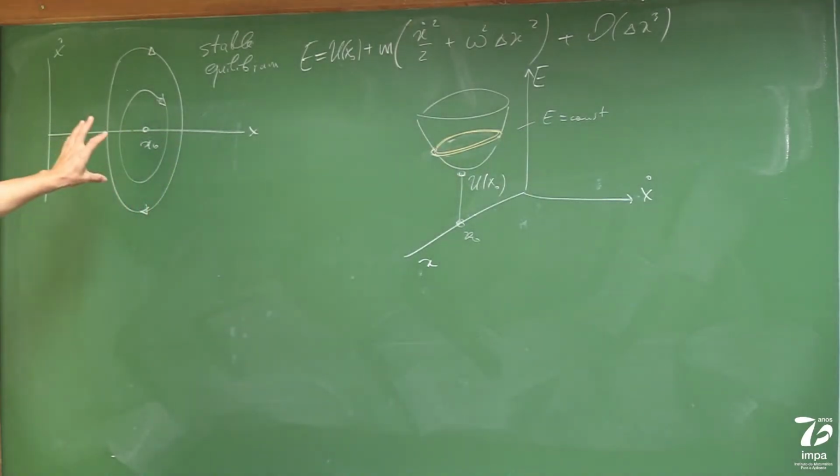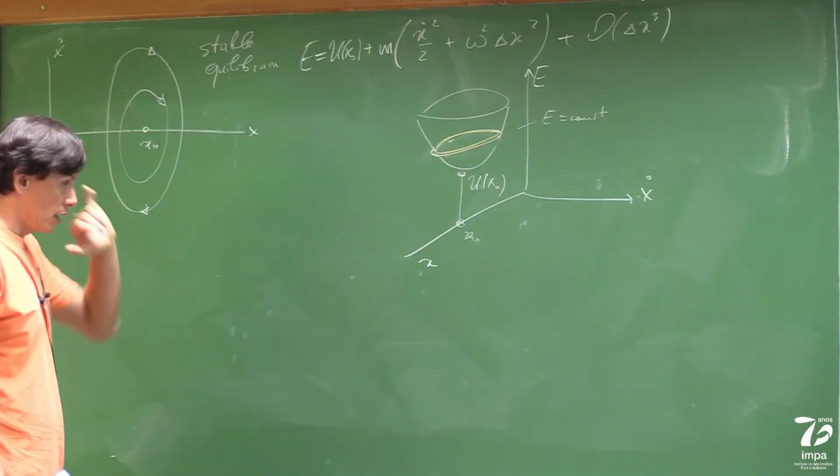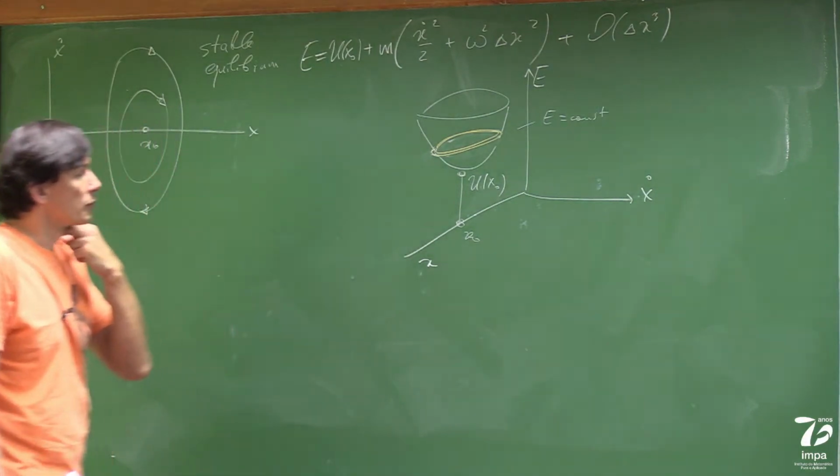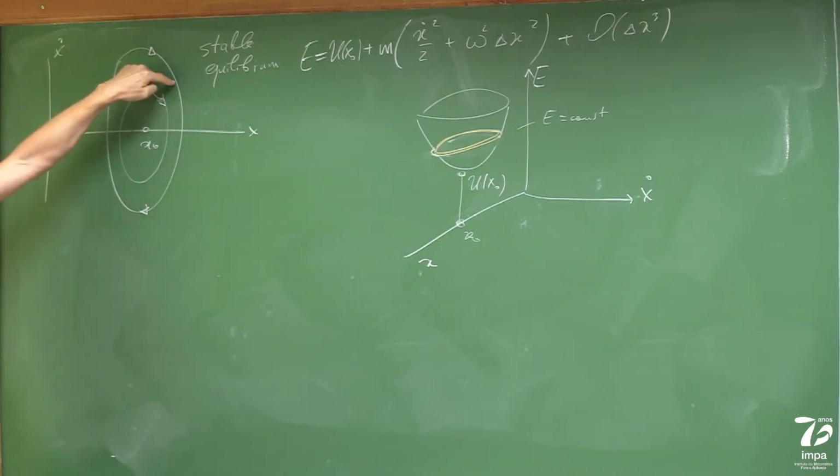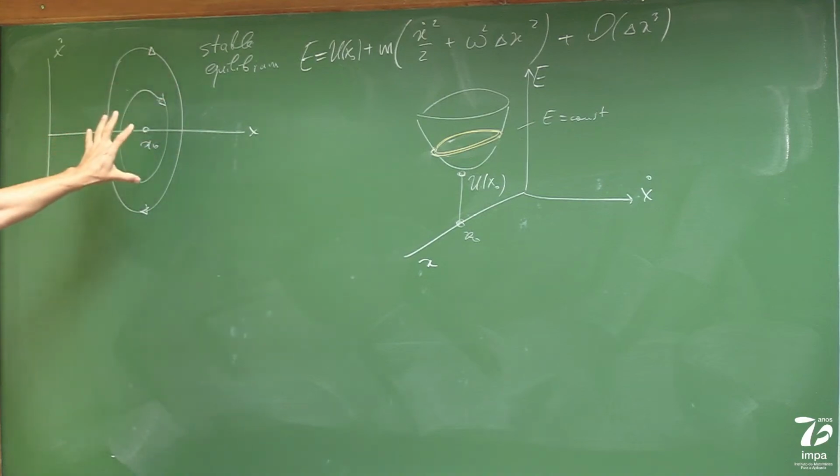So this is where this comes from, and from this consideration we have more, because what we found here is that locally all trajectories are closed. Whenever you start from a point, you come back to the same point after that. But this was approximate.